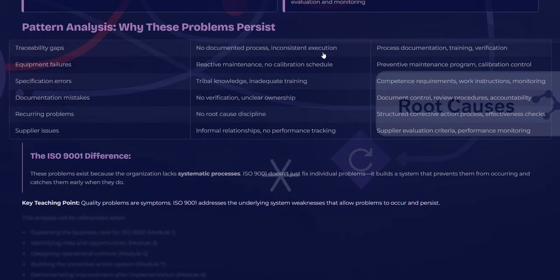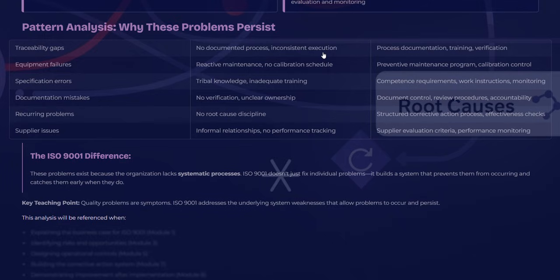The key teaching here is that quality problems are symptoms. ISO 9001 addresses the underlying system weaknesses that allow the problem to occur and persist. So next time we see a problem, look at the system and the root cause. Effective root cause analysis and an applicable solution is the cure, not just focusing on the symptom.